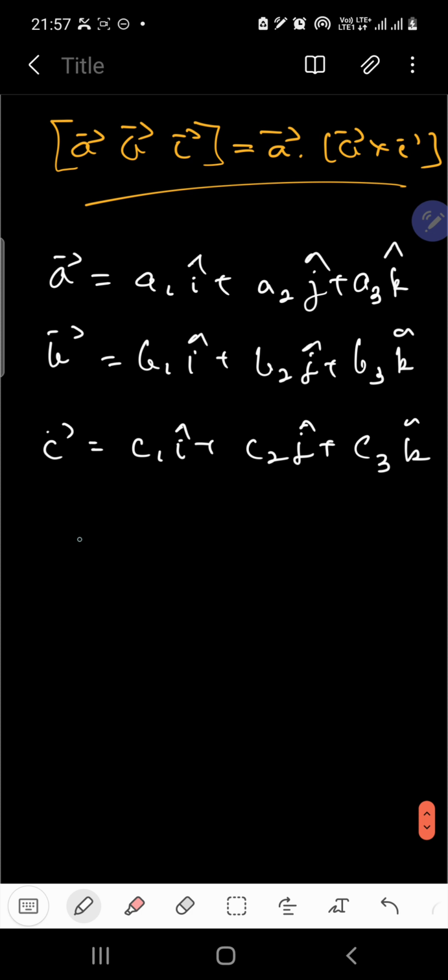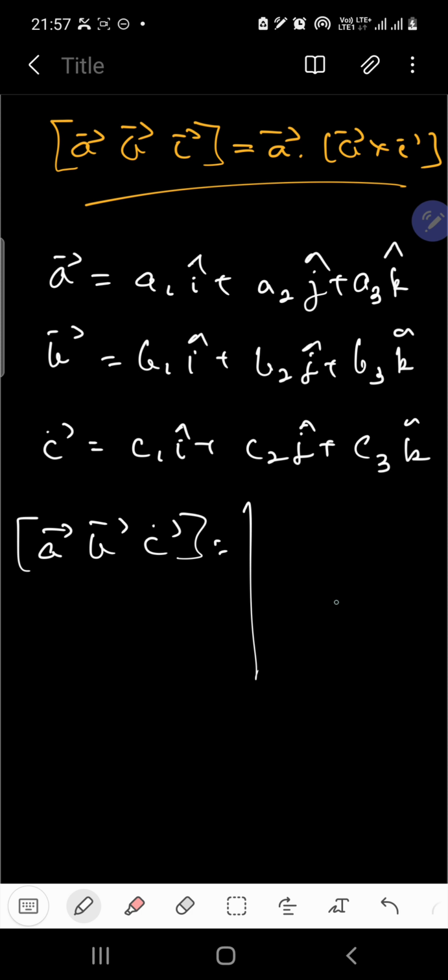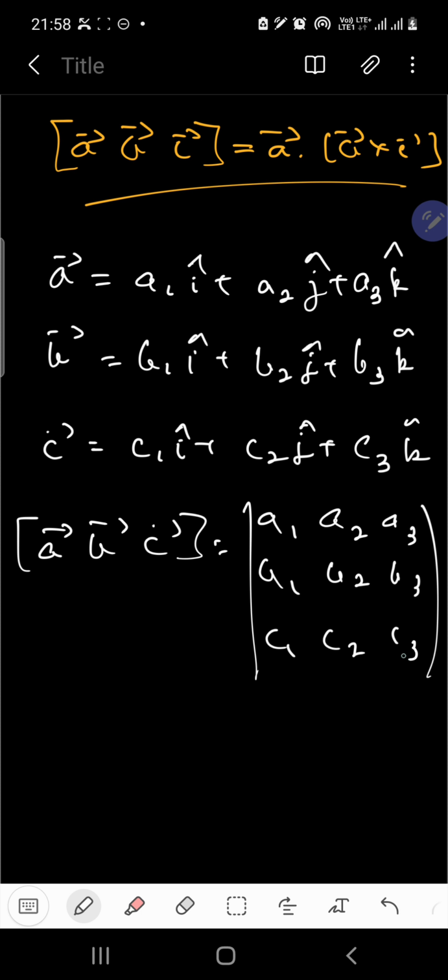Then the box product of these will be given as the determinant a1, a2, a3, b1, b2, b3 and c1, c2, c3.